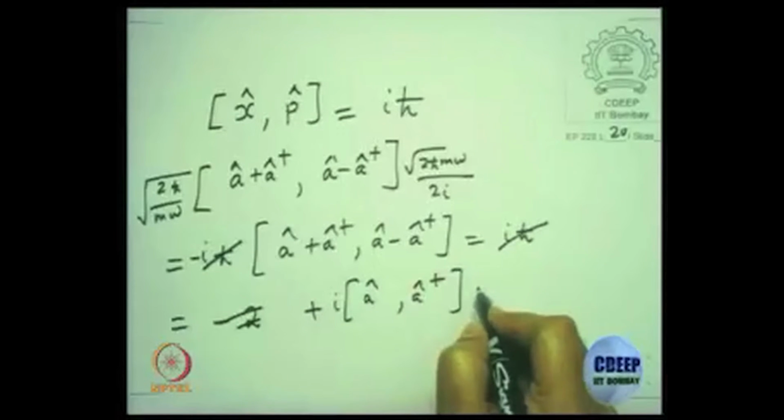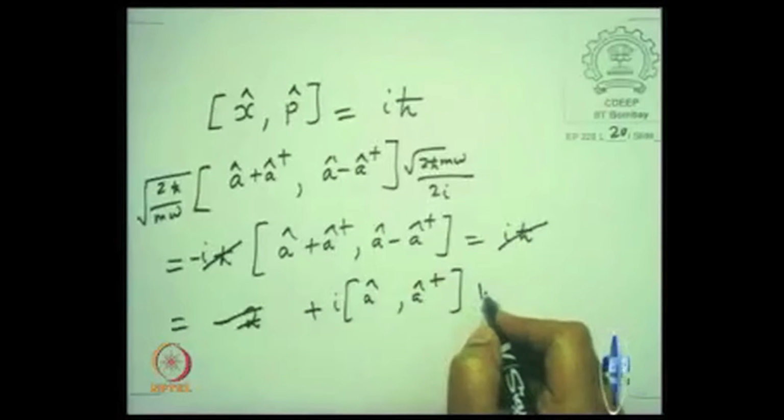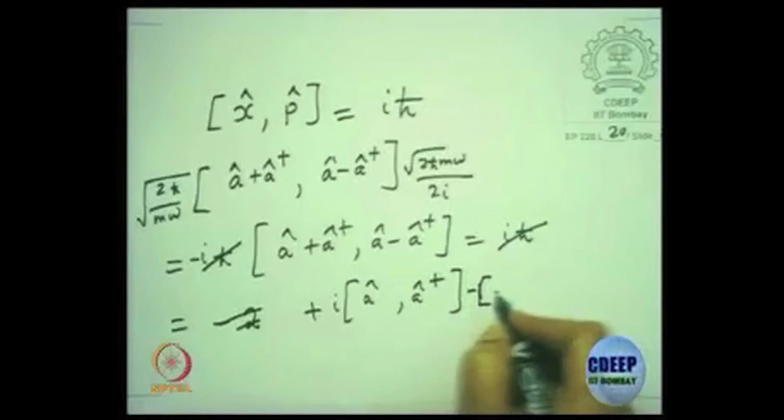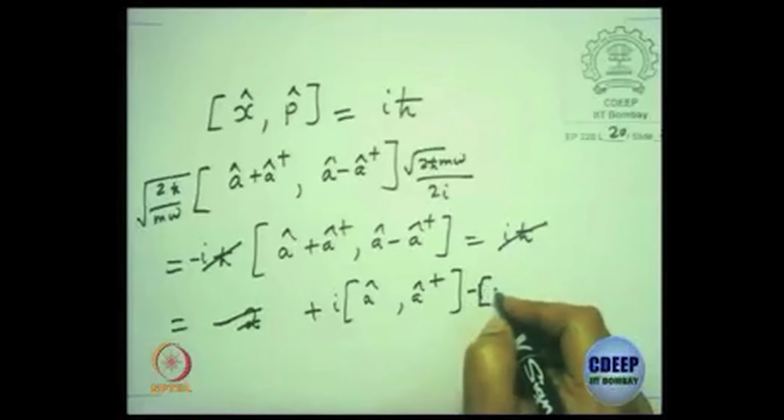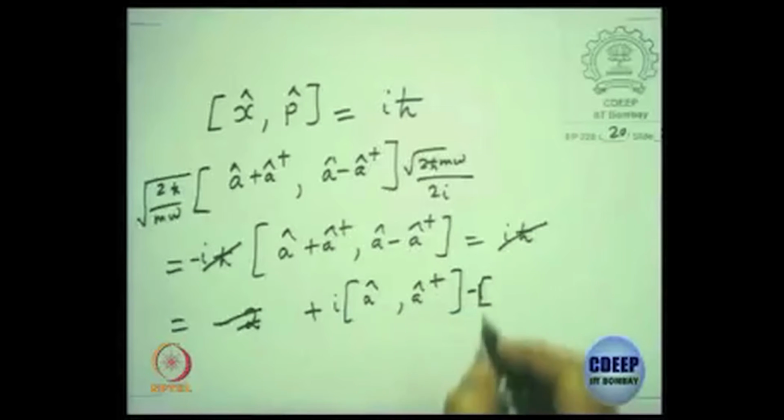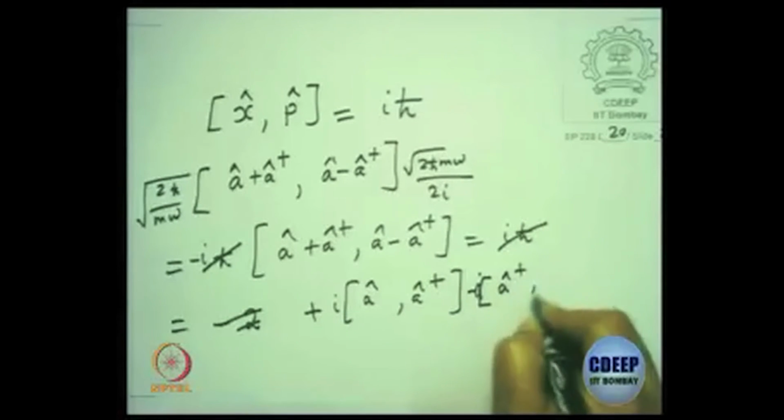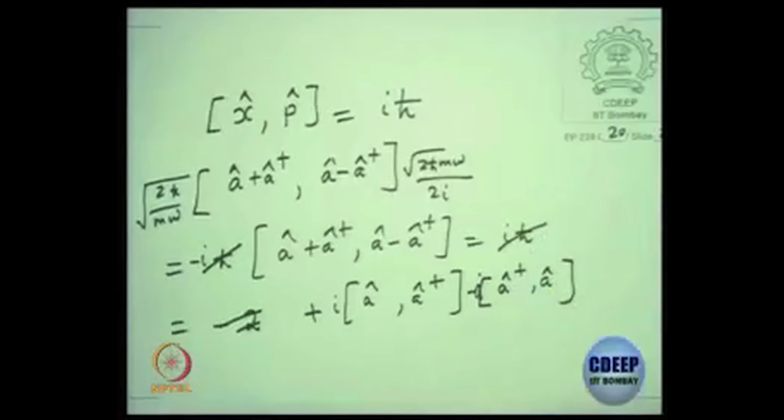Already a minus sign. Minus I A dagger with A. Huh? There is an extra 2?